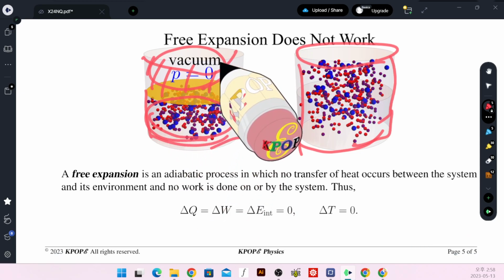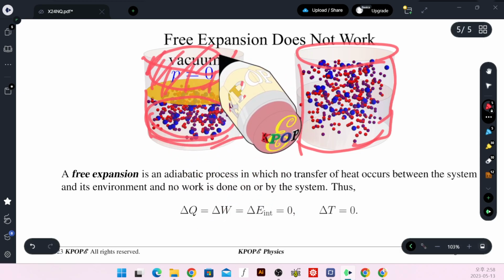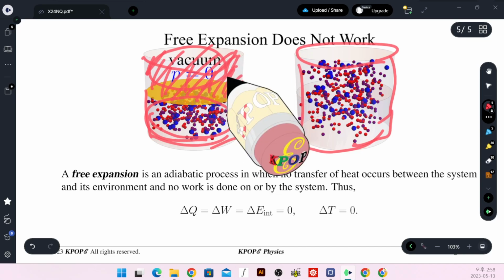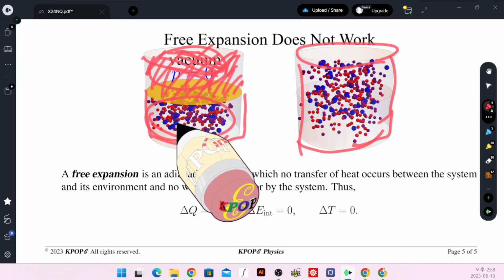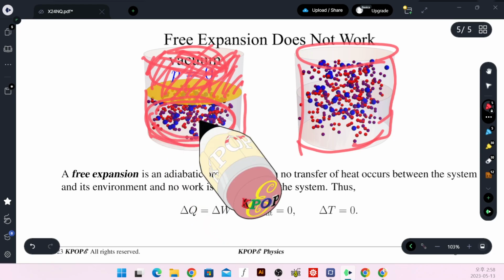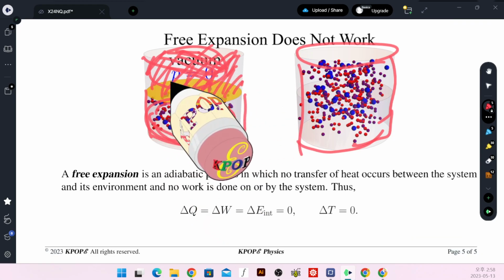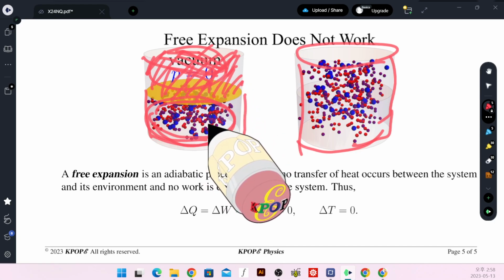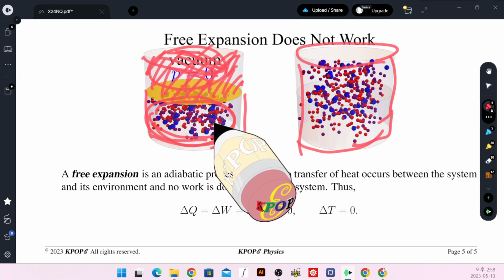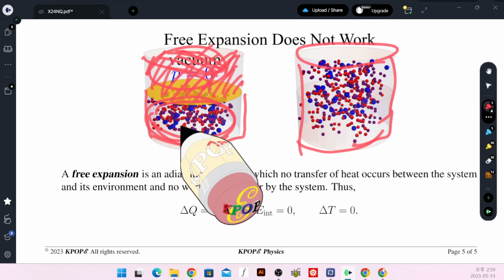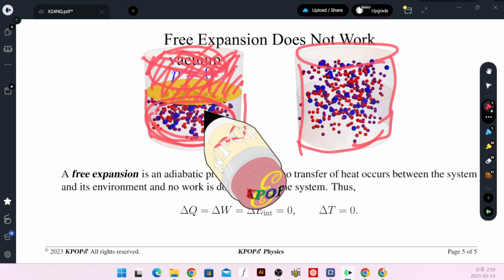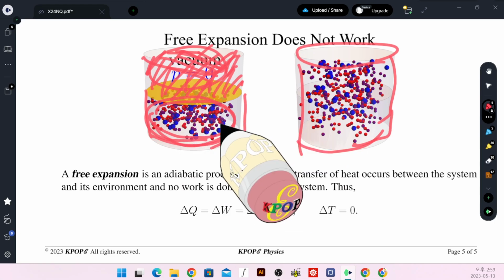During the expansion, there is no force hindering it, so the system does not work at all. In addition, there is an assumption that there is no heat transfer: no heat is supplied, no heat is lost.